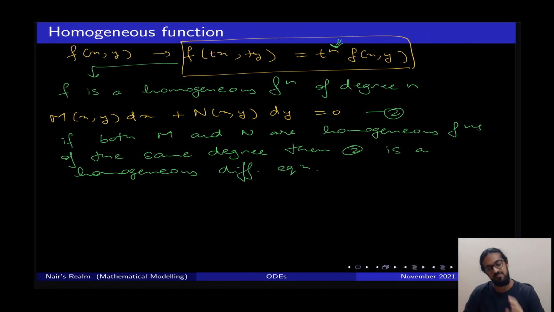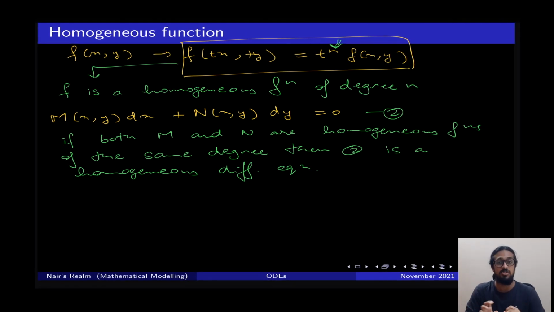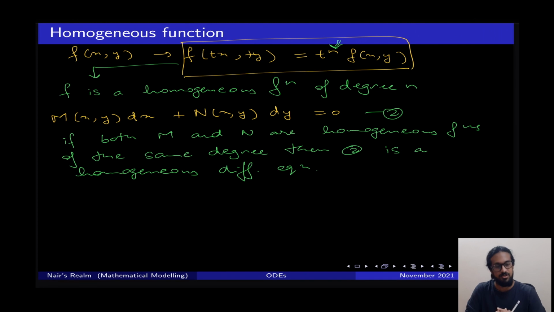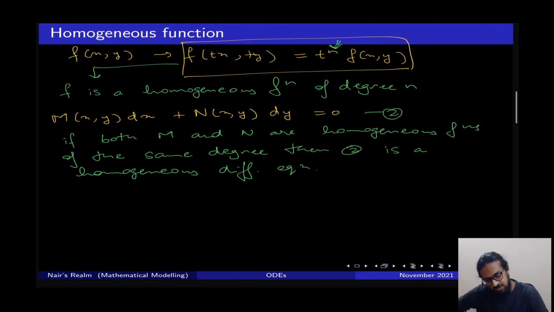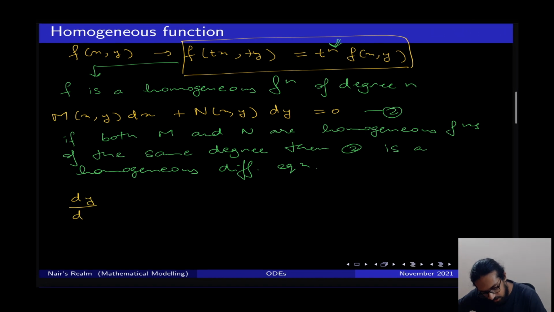Very simple. So I have m times dx plus n times dy equal to 0. If both m and n are homogeneous functions of the same degree, then I can say that differential equation is a homogeneous differential equation. So now again, let's rearrange this differential equation a little bit and write it in the following form, right?